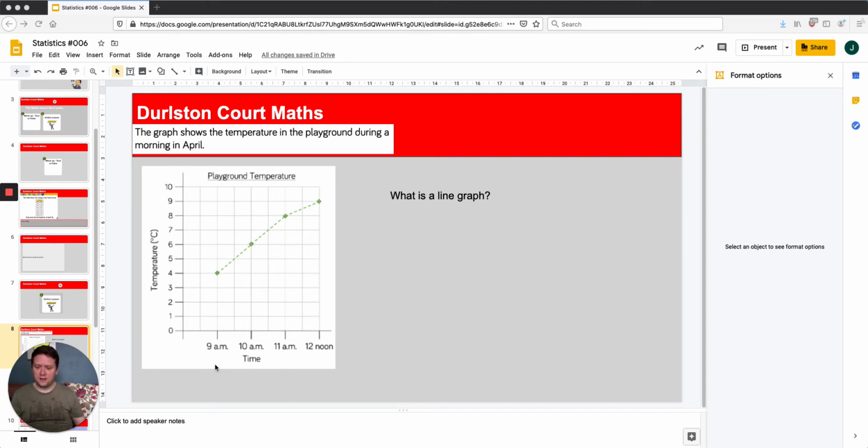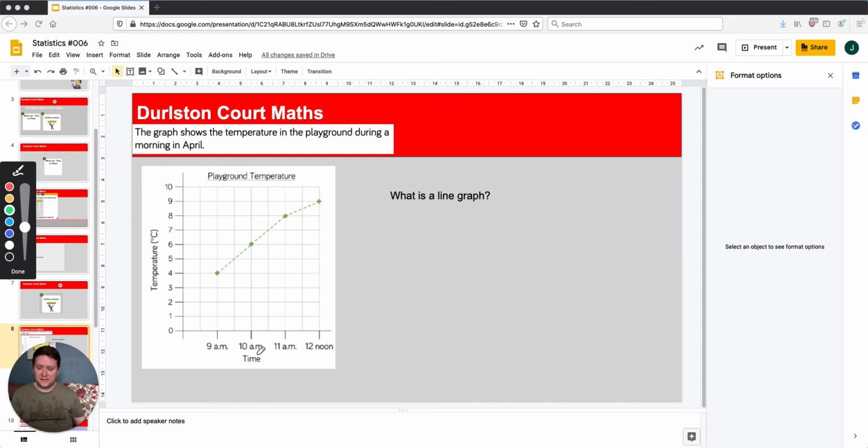So let's have a look. If we look at 9 AM, I'll just get my marker over here. If we look at 9 AM here and go upwards to where the point is and then go across, we can see at 9 AM it was 4 degrees along there.